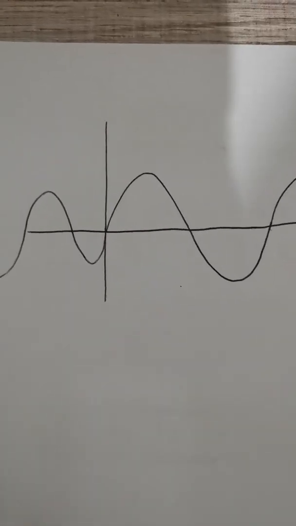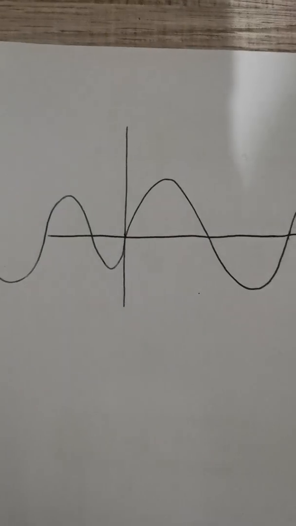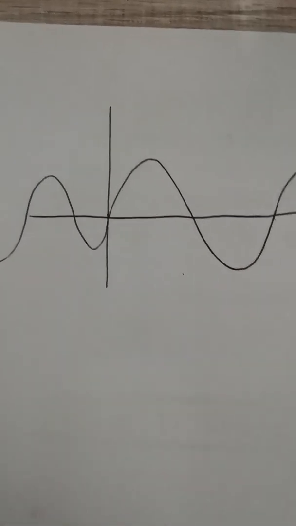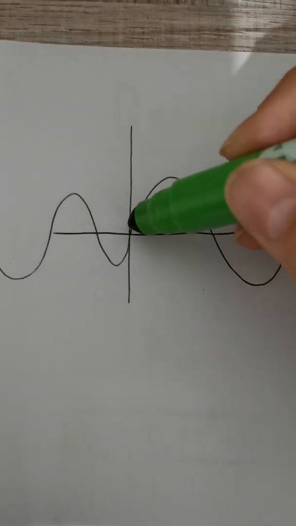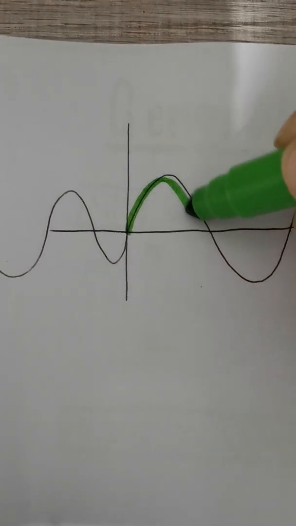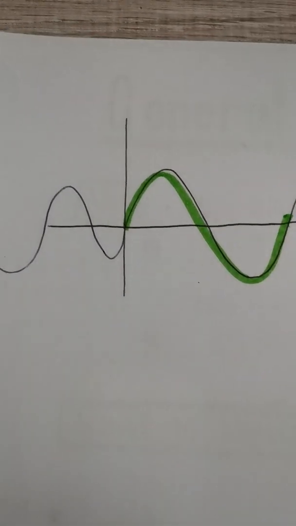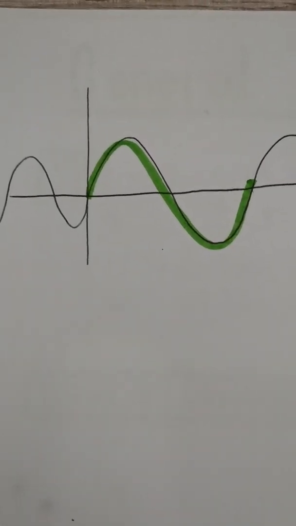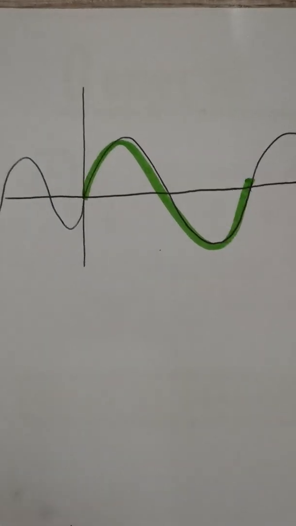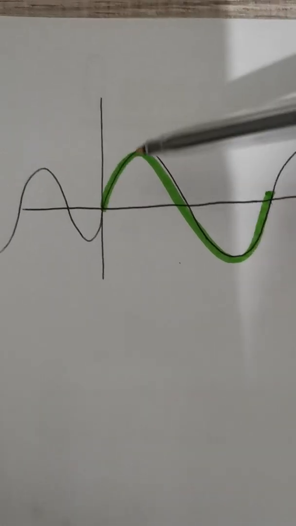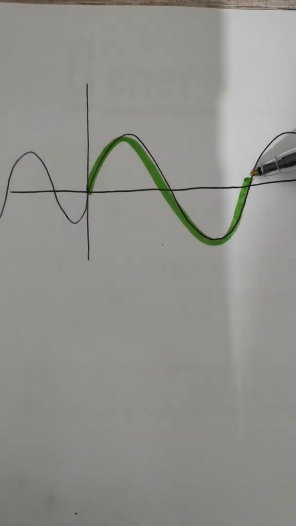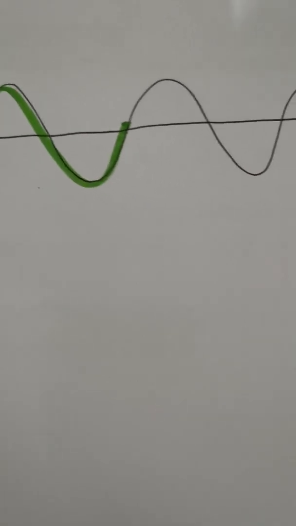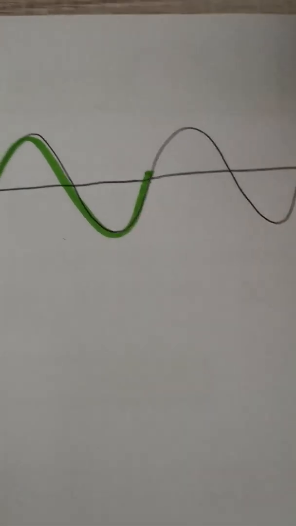Now when we solve trig equations, do you remember from your knowledge of trig functions that the sine graph has a period of 360 degrees, and what this means is that every 360 degrees it's going to repeat itself, right?